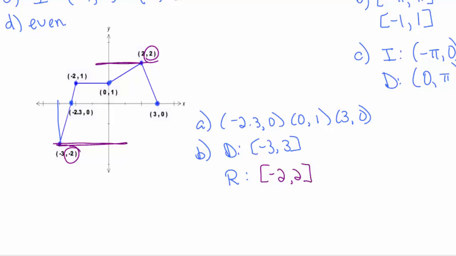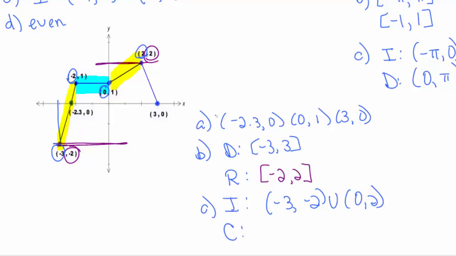Then we want increasing, decreasing, or constant. Well, it's increasing here, and we have a constant part there. All right, so let's throw that in. So part C, it's increasing, again x values, from negative 3 to negative 2 and from 0 to 2.